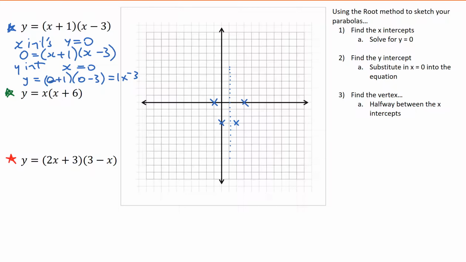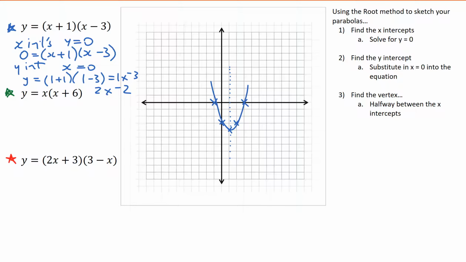If I substitute 1 into this formula here, 1 plus 1 is 2, 1 minus 3 is -2. So what is 2 times -2? -4. Good. There is -4, there is my vertex.